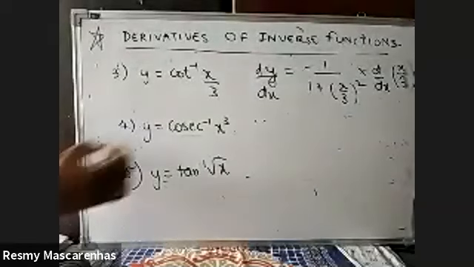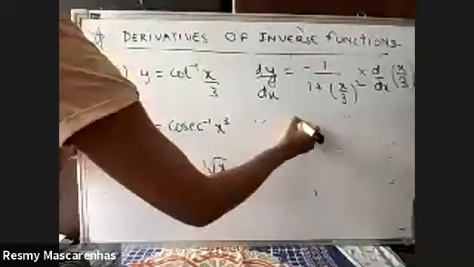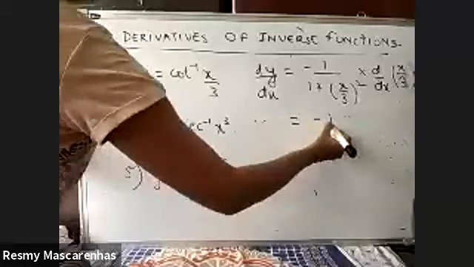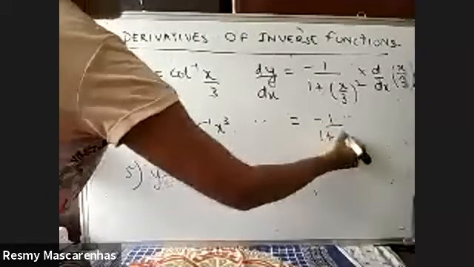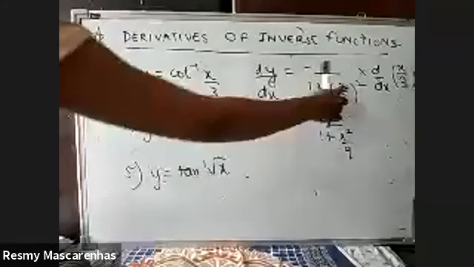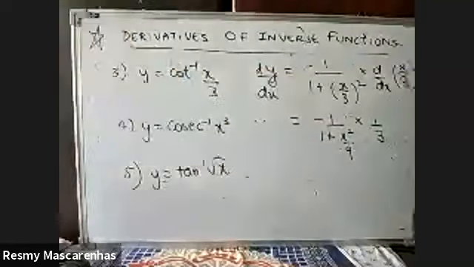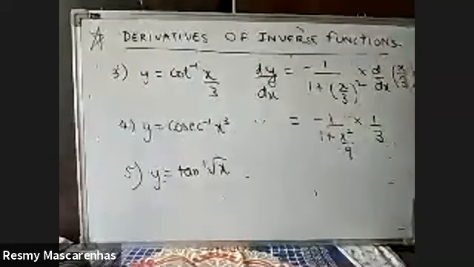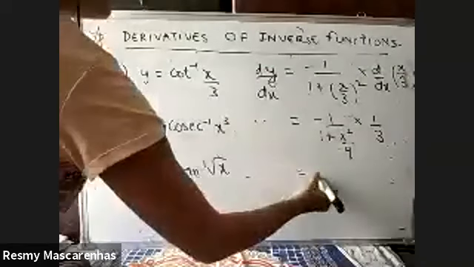Okay. So what it will become is minus 1 upon 1 plus x square upon 3 square, square will belong to both the terms. And what is the derivative of x? 1. Okay. And then you can cross multiply this.